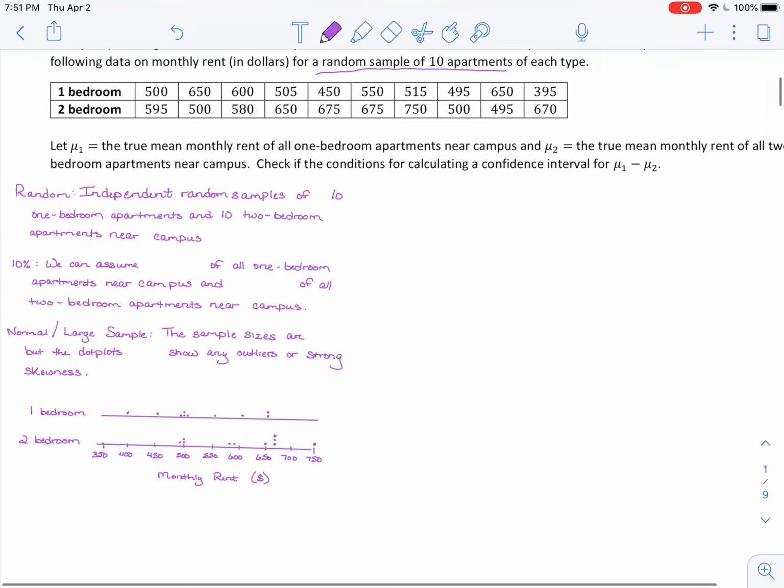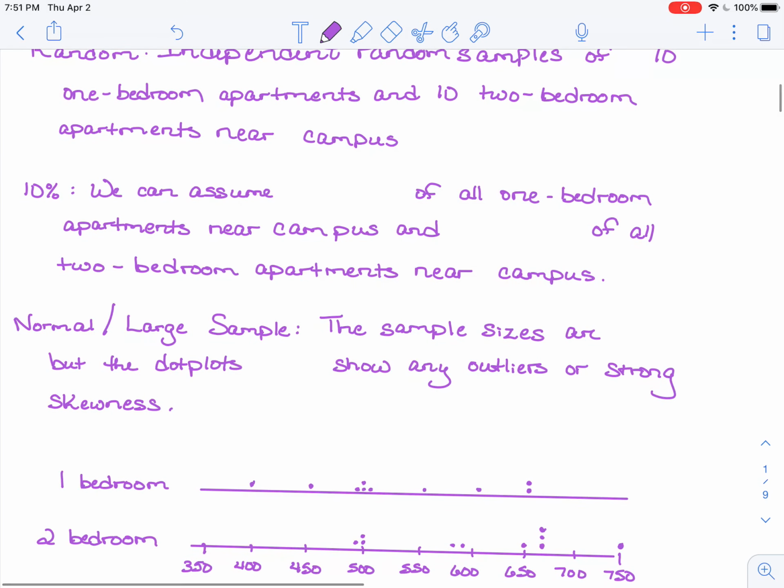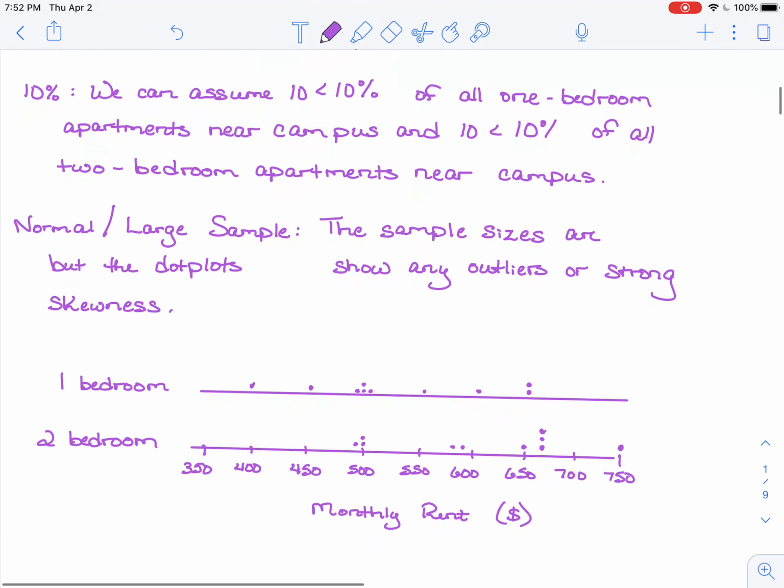So 10 one-bedroom apartments and 10 two-bedroom apartments near campus were selected. The 10% condition is checking the size of your samples. So we can assume that 10 is less than 10% of all the one-bedroom apartments near campus, and the other sample size of 10 is also less than 10% of all two-bedroom apartments near campus.